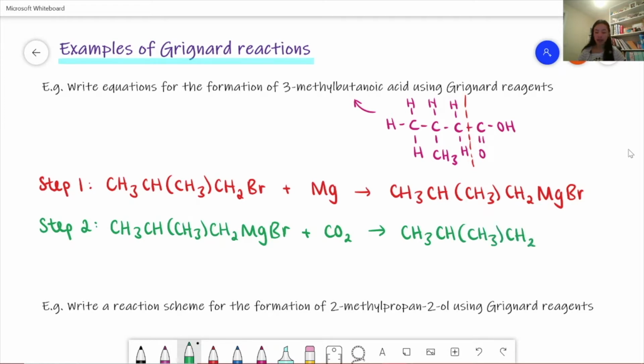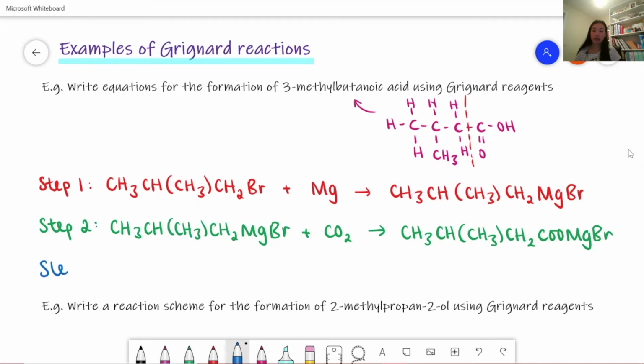So we still have this R group. And then we have COO and then MgBr. So instead of having the hydrogen of the carboxylic acid, we actually have this MgBr on the end instead. And so the last step is to add dilute acid to form our carboxylic acid.